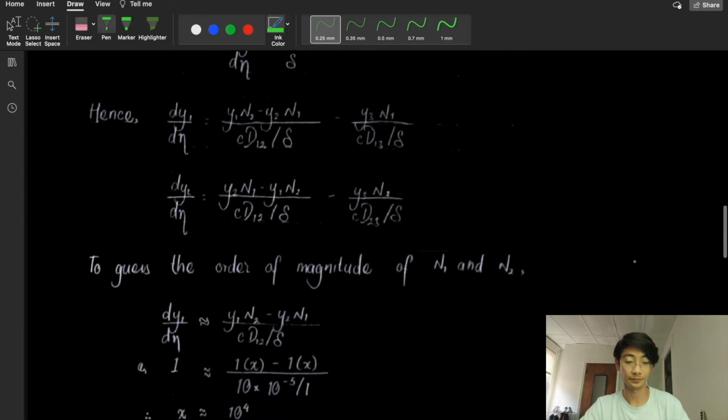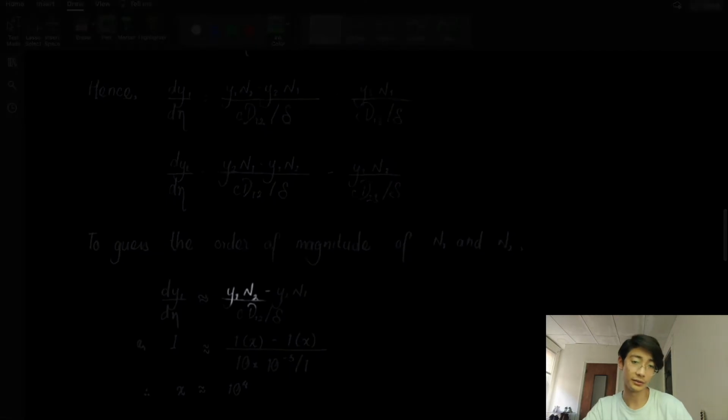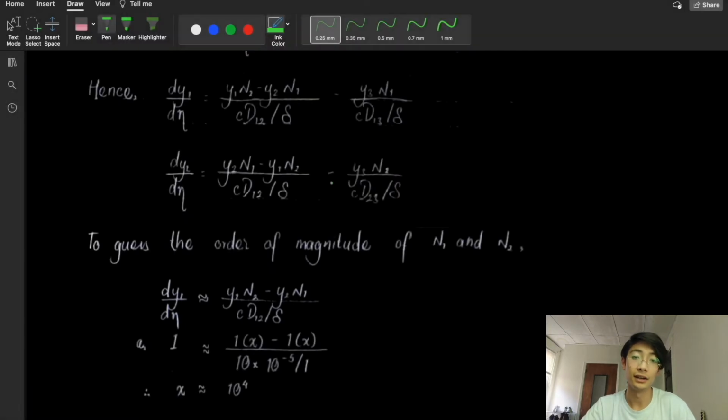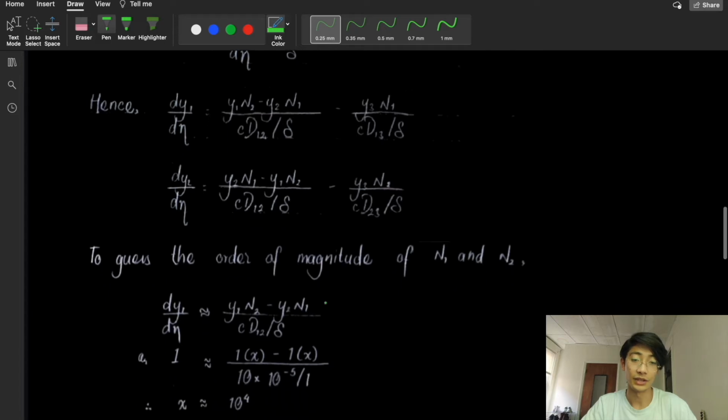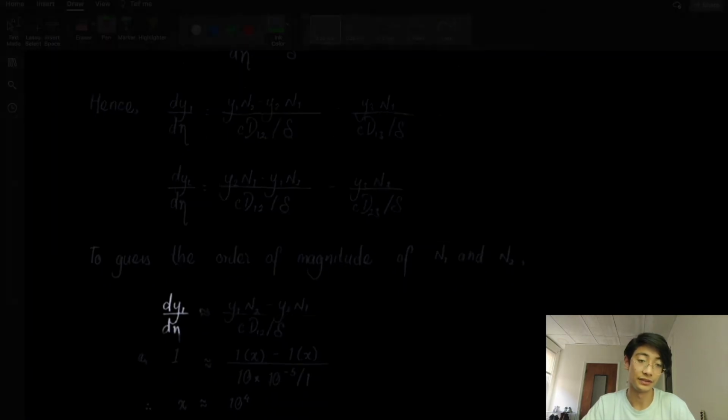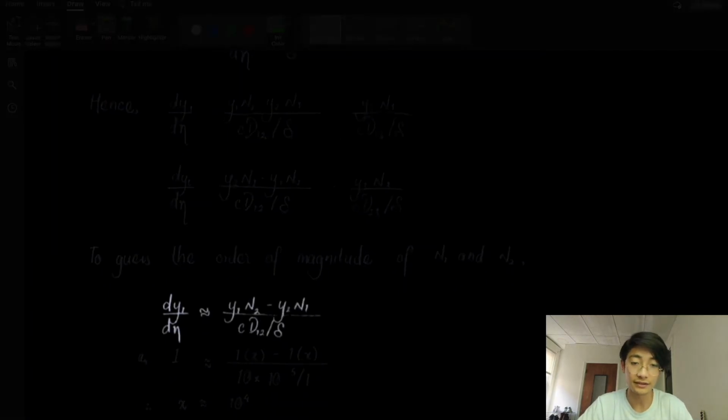Let's take a look. First of all, I'm starting by simply saying that our Stefan-Maxwell equation is equivalent to this, because the other terms are essentially going to be the same order of magnitude as well. And so that's why we reduce the Stefan-Maxwell equation to this.